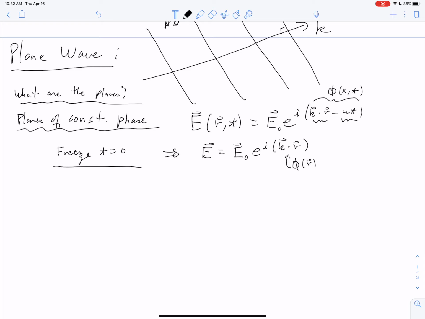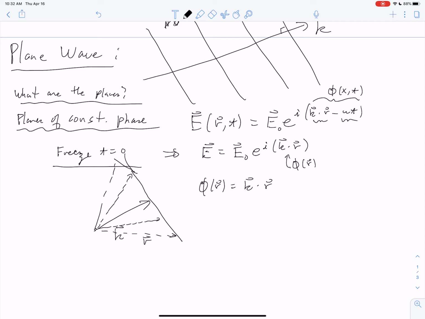And so if we plot the phase and look at the geometry, we see that that's the k. The wave is moving in some direction k, and if I look at every point on this plane, picking these different r's, no matter which r I pick, the phase is constant on this plane, because the phase phi of r is equal to k dot r.